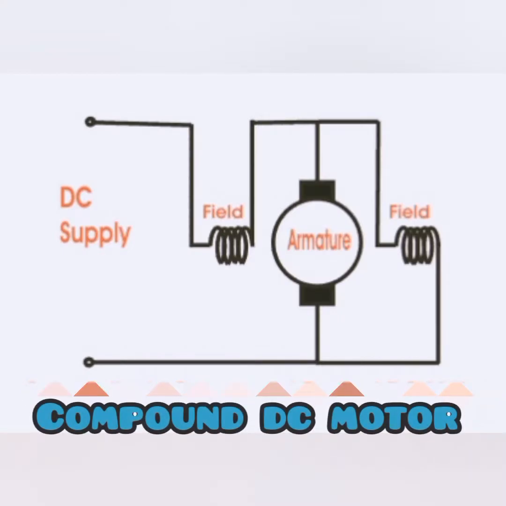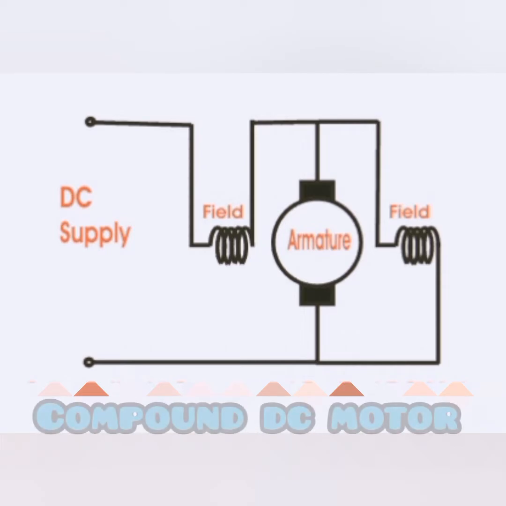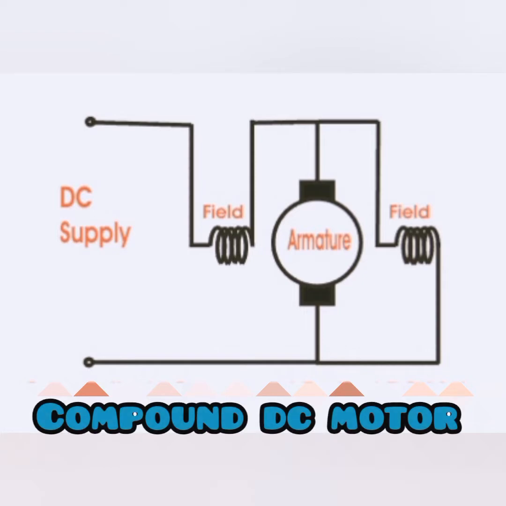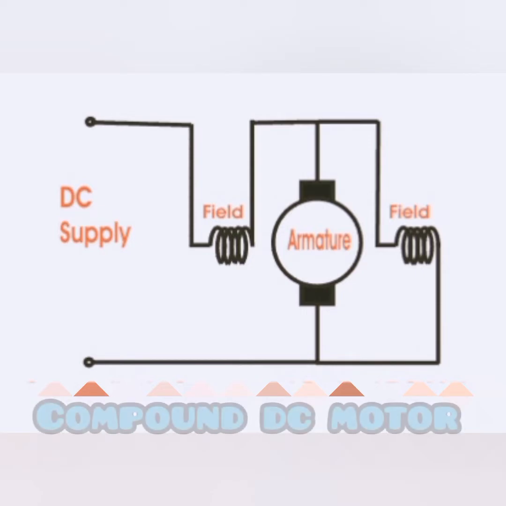This is the connection of your compound excited DC motors. In here the main field and the armature field are connected in a series, whereas the armature is connected in a parallel connection.